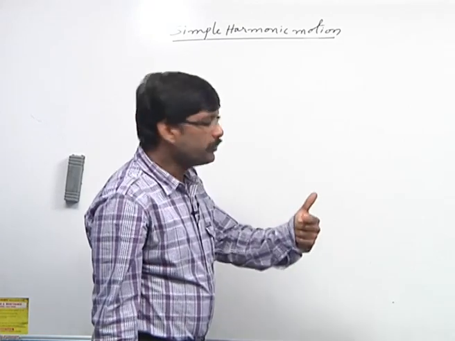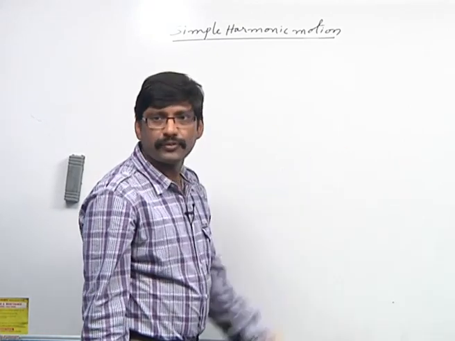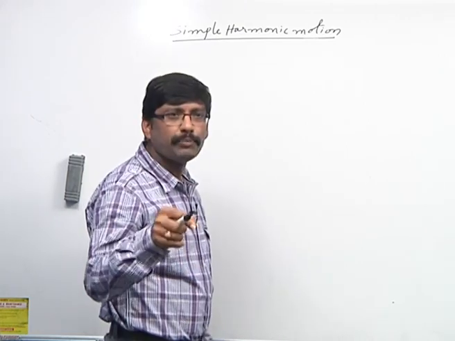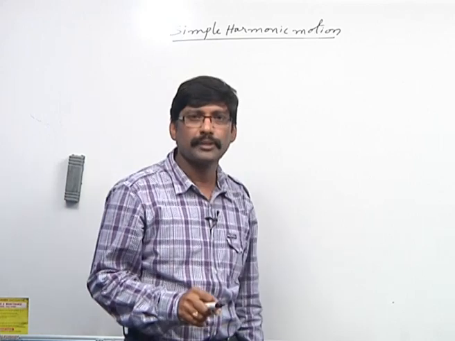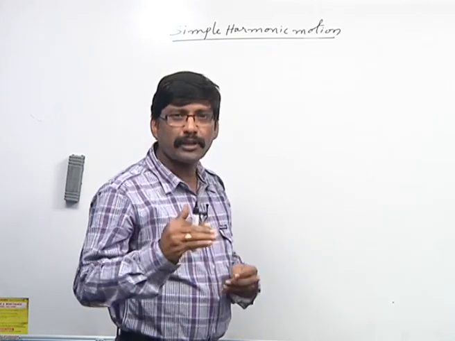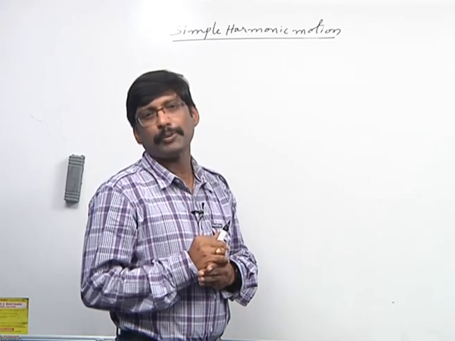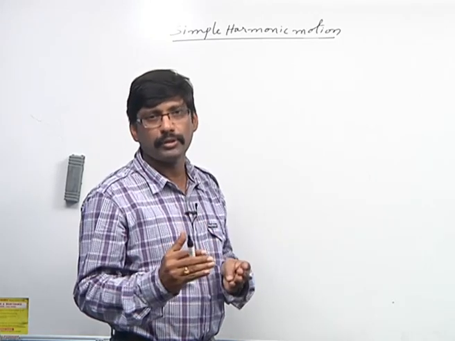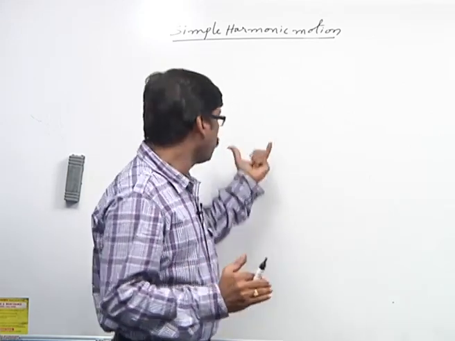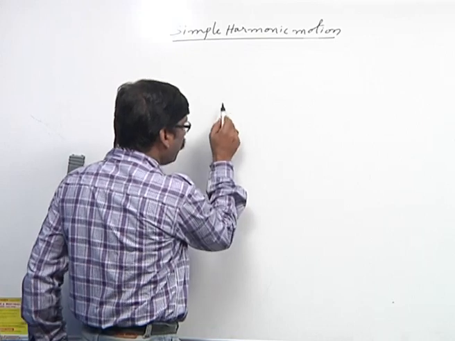So, let us go to the other branches of physics where simple harmonic motion is involved. This is the one where we come across almost all topics of physics like sound, electromagnetism, and fluid dynamics.